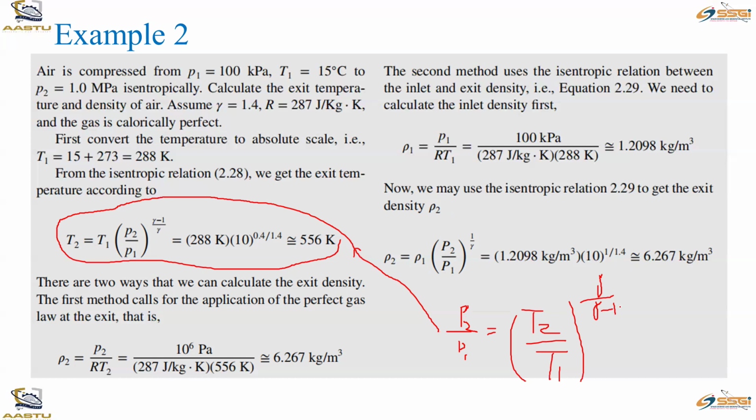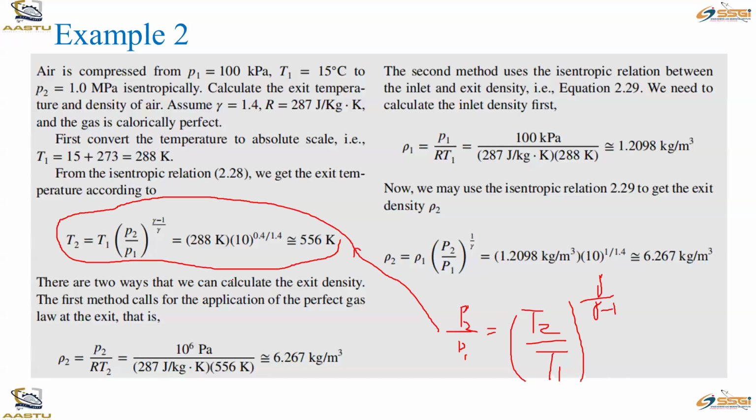When I bring this to this direction, it is gamma minus 1 over gamma. So first you have to identify this. Then there are two ways. Actually, someone can calculate this one directly.